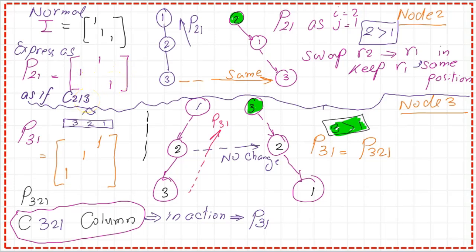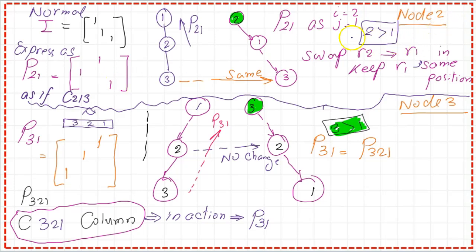If you look at it column-wise, if we consider this matrix on the right-hand side of any normal matrix A, when we multiply A by P21, we can consider it as C213, which means that after multiplication, the second column will become first, and the first column will become the new second column, and the third column will be in the last position.